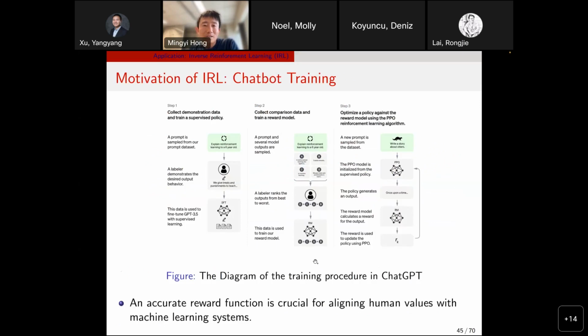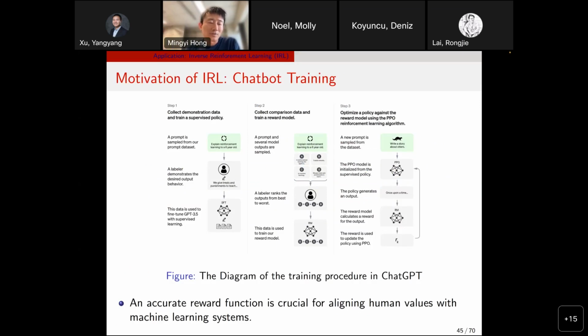One recent popular application is ChatGPT. There's one important training step in ChatGPT which tries to utilize human preference: how to make sure that the output of the chatbot is aligned with human preference. Humans want this; this is a good continuation, that's a bad continuation.